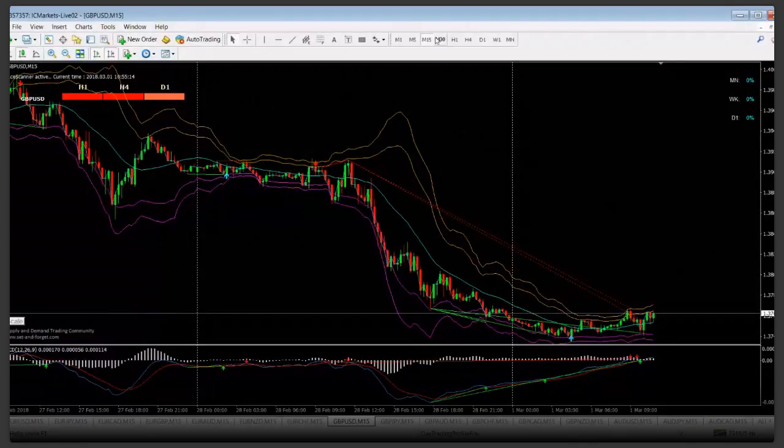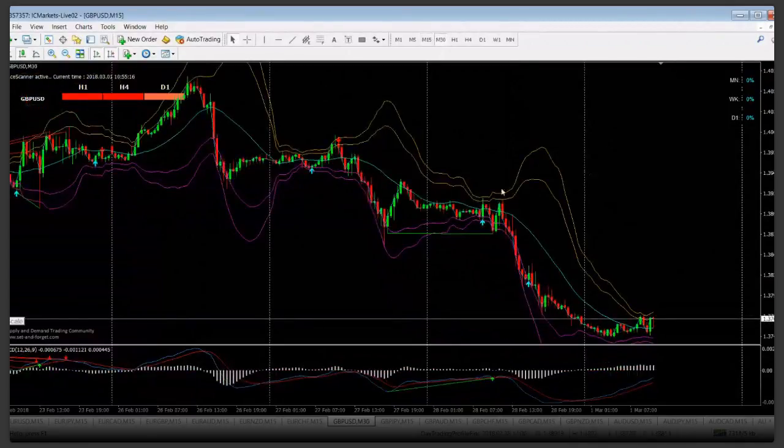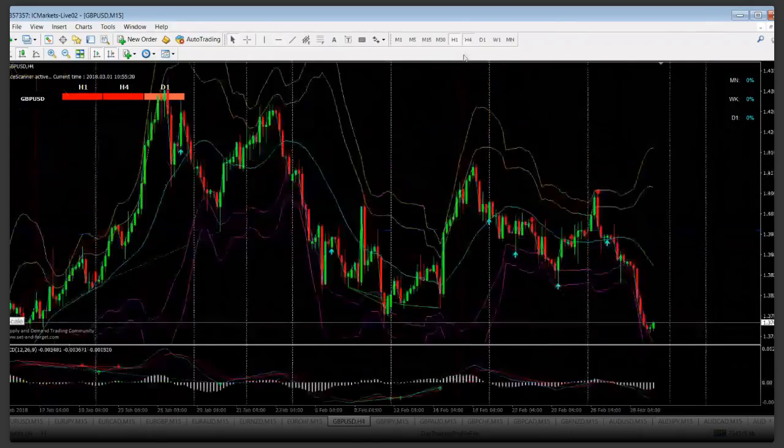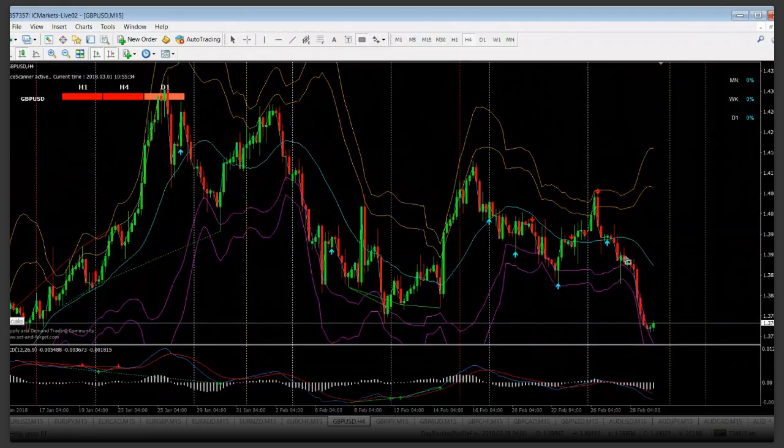Nice rounded bottom here in the 15-minute chart. So telling me really we're going to get a pop-up before coming back down. Likely targets this, as I said, this 139 area up here. You can see that better on the 4-hour chart in here. So just wait for signals now.